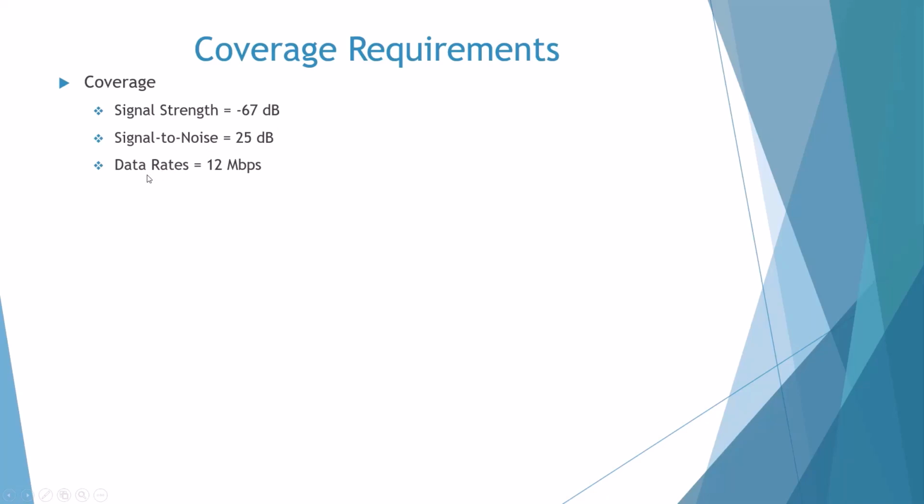Furthermore, the data rate required for stations or wireless devices to associate to the WLAN is set to 12 megabits per second. We can set it higher, but for the sake of our demo, let's just assume it's 12 megabits per second.